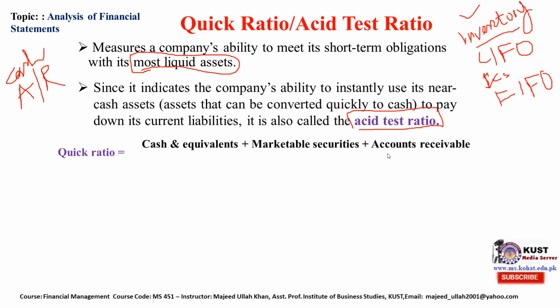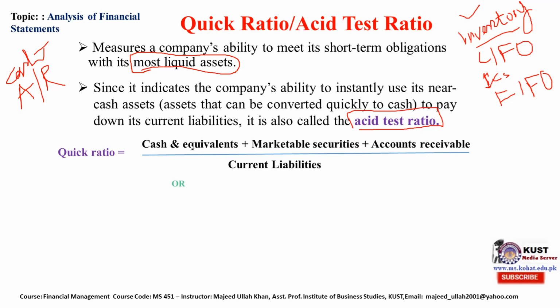These three are considered as the most liquid assets, cash and cash equivalents, then accounts receivable, divided by current liabilities. It will calculate quick ratio or asset test ratio.